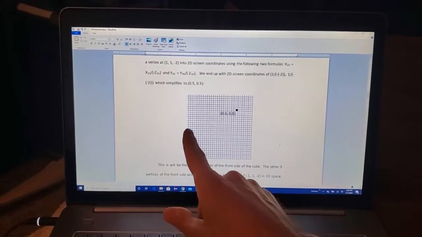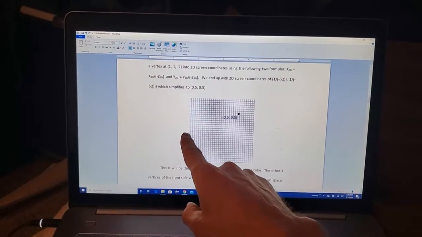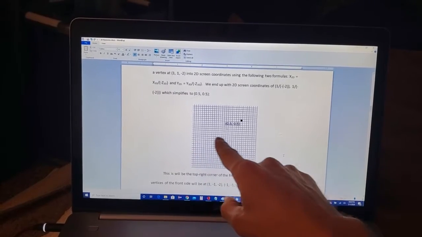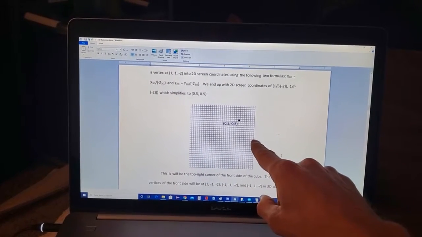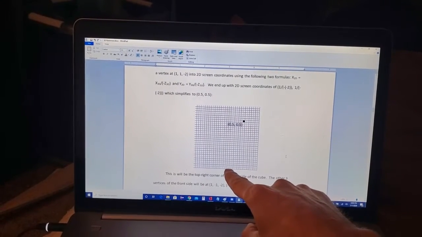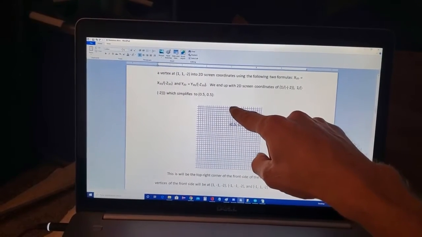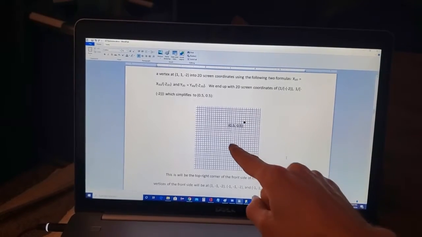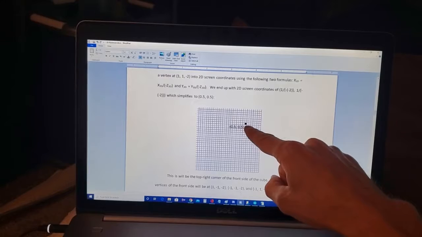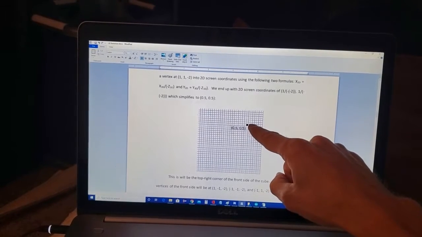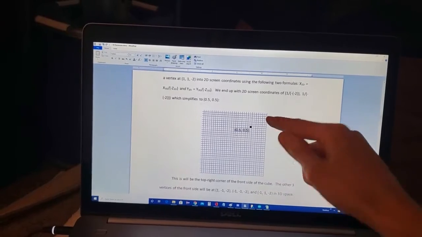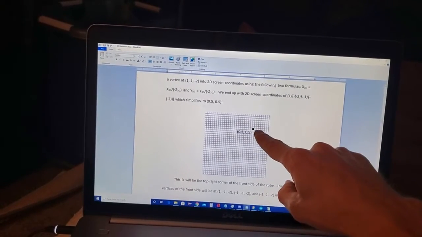What we're going to care about here is that the left side of this graph has an x value of -1. The right side has a value of +1. The bottom has a y value of -1, and the top has a y value of +1. So putting the upper right corner of the cube from the face side, the near side of the cube, on the screen, it's going to transpose to right here.